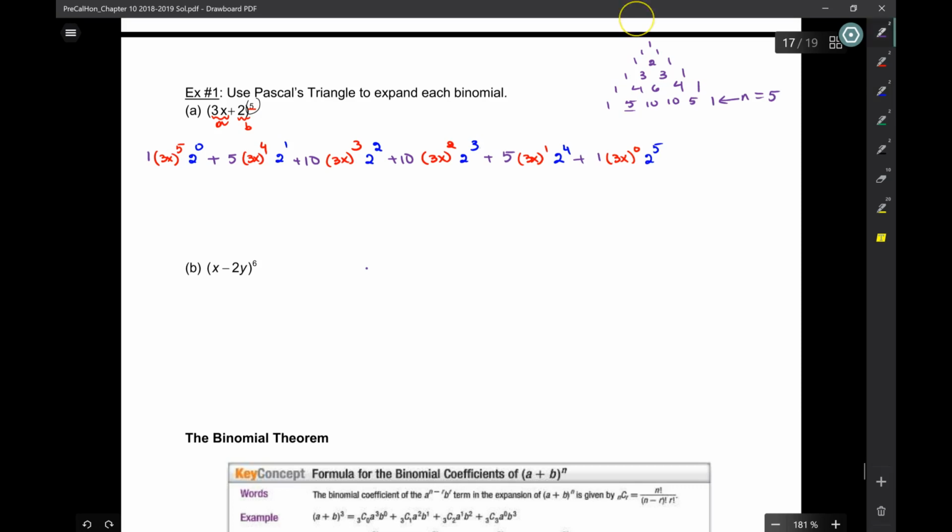Now, you have to go in and actually multiply all these numbers out.